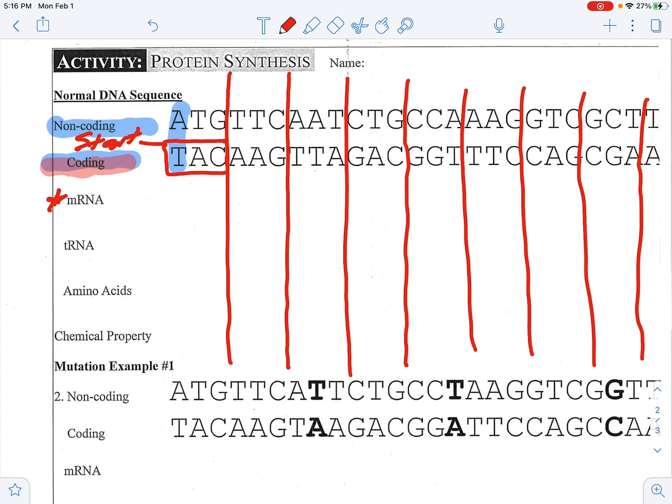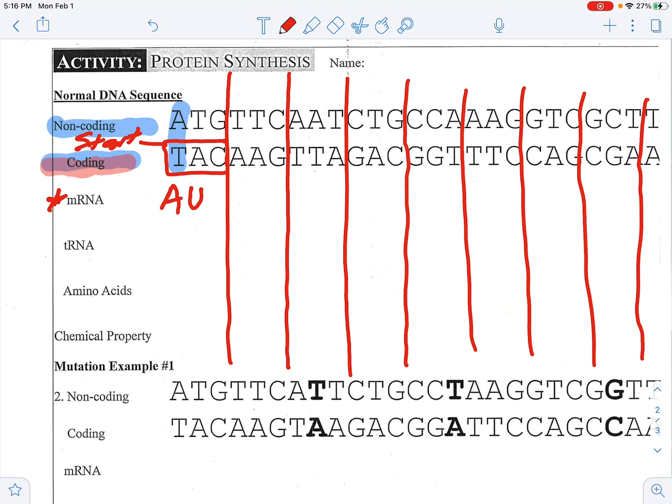All right, so the idea of complementary base pairing still holds true. So if there is a thymine in the coding DNA side, in the messenger RNA there will be an adenine paired with it. Okay, if there's an adenine on the coding DNA, paired with it is going to be a uracil.